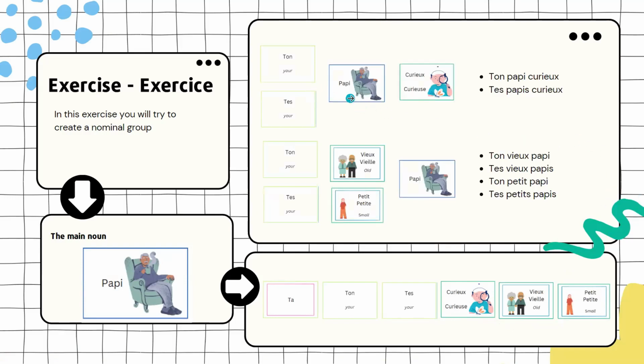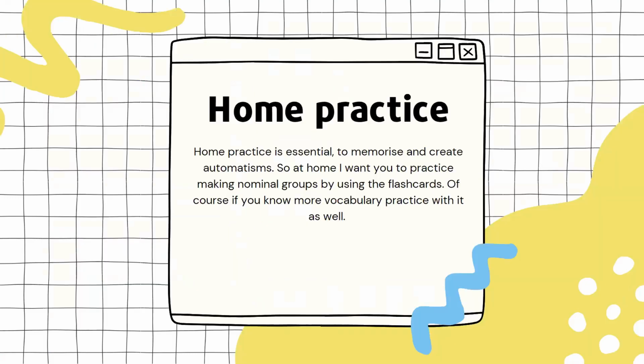I could write ton papy curieux, tes papys curieux. I could write ton vieux papy, tes vieux papys, ton petit papy, et tes petits papys. Very nice.